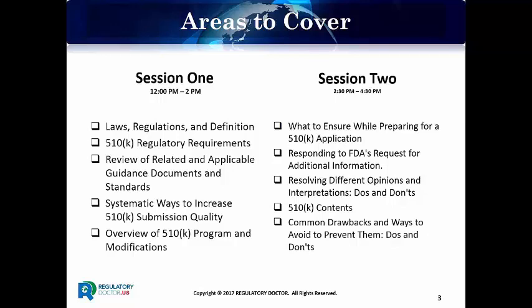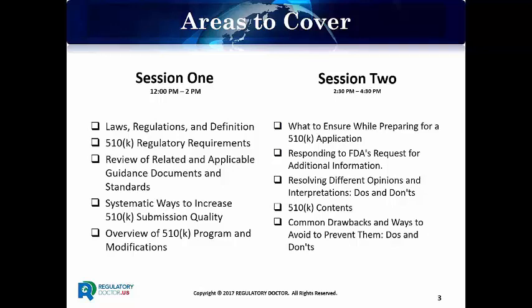During the first session, I'd like to cover laws and regulations, some definitions, regulatory requirements, and some key guidance documents. A couple of key guidance documents are also discussed during session 2, but what I mean is the 510K guidance document, not all standards.